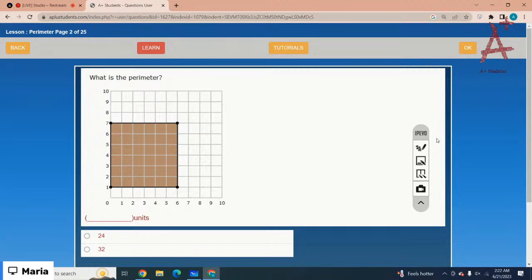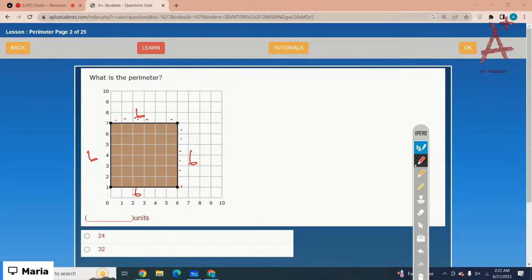What is the perimeter? You have to calculate this side length. 1, 2, 3, 4, 5, 6. That is 6. This one is a square. All the side lengths equal 6. And the perimeter is the sum of all the side lengths.